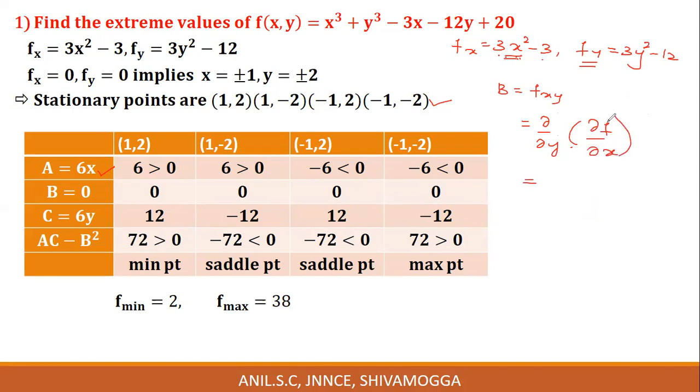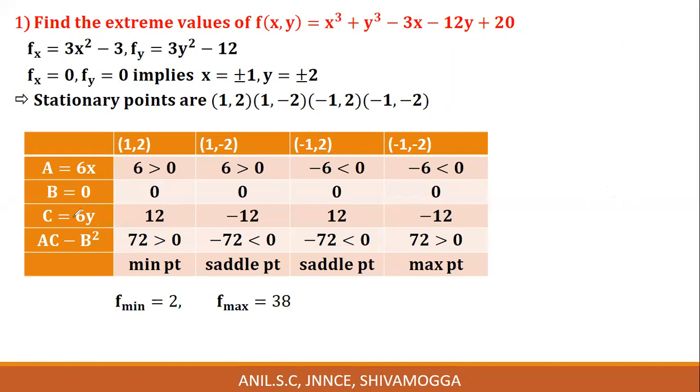That means differentiate del f by del x partially with respect to y, treating x as constant. Derivative of 3x square is 0. Minus 3 is already a constant. Its derivative must be 0. Therefore, b is equal to 0. It is a constant function. For all values of x and y, b is 0.